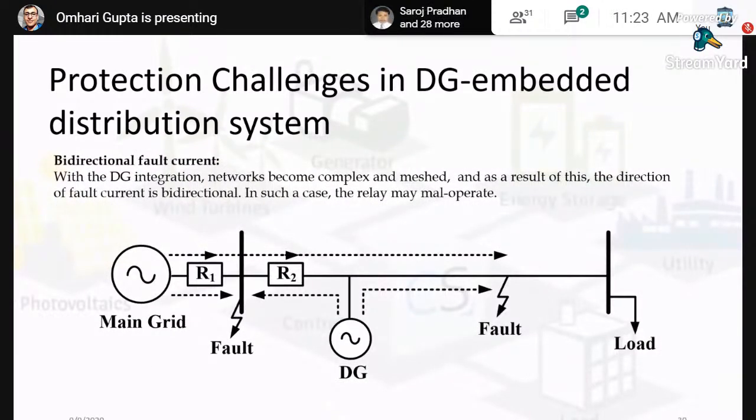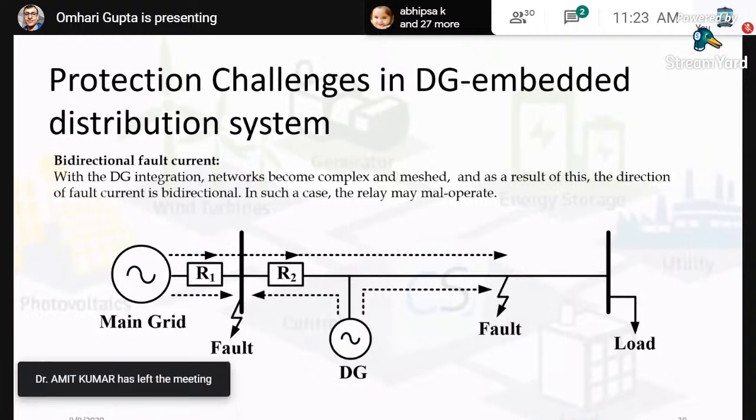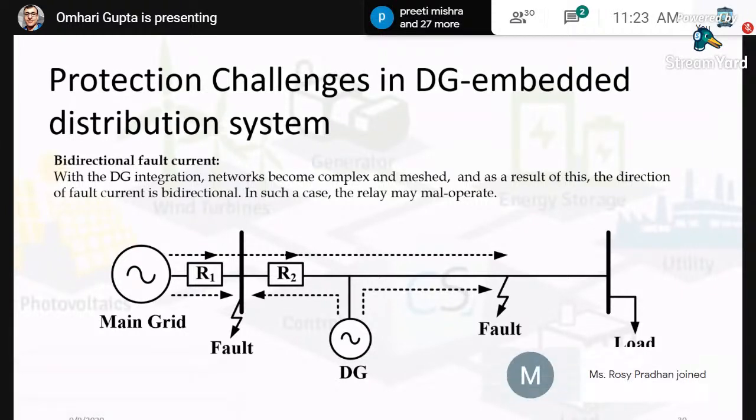Second, bidirectional fault current can also occur. Let us consider a case when you have a fault at this bus, close to the substation or the source. There will be current supplied by this source as well as the DG. In this first case, the relay at R2 has current in this direction, which we may consider the reverse direction.